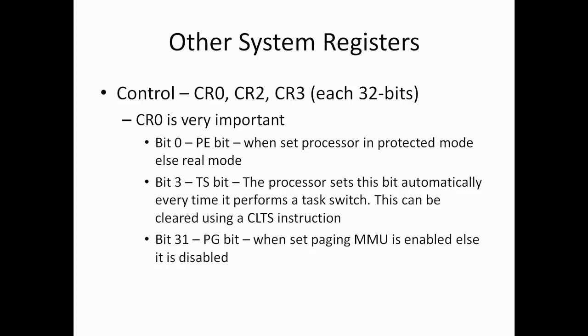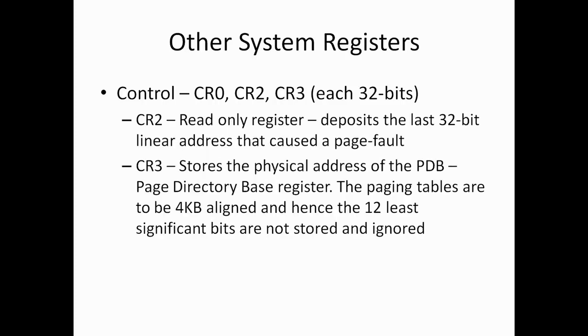Bit 3 set to 1 indicates that a task switch is happening. Bit 31 set to 1 enables paging. Please remember these bits, as we will be using them extensively down the line. Bit 0 is the protected mode enable bit, bit 3 is the task switch bit, which tells you whether a task switch has happened or not, and bit 31 enables virtual memory.